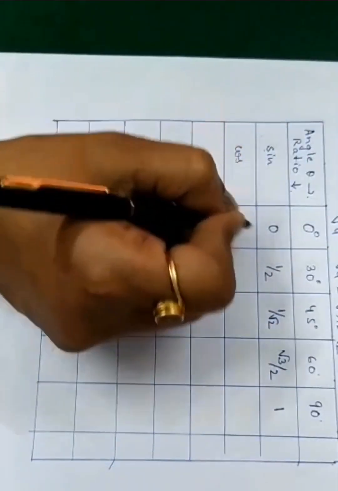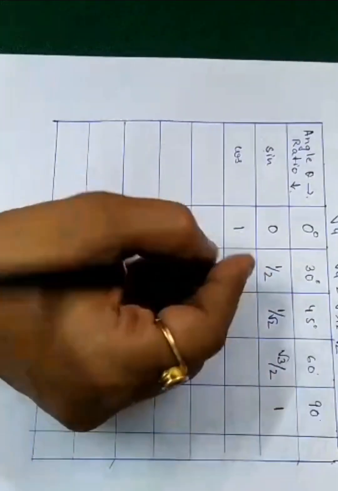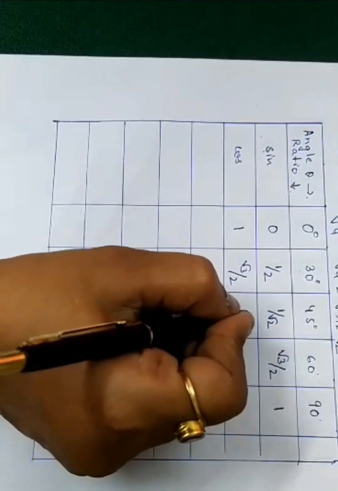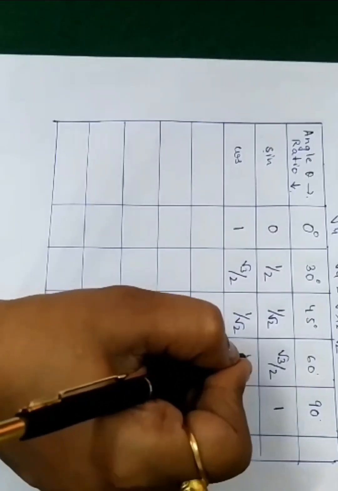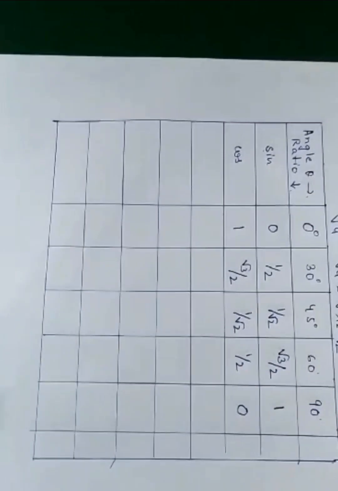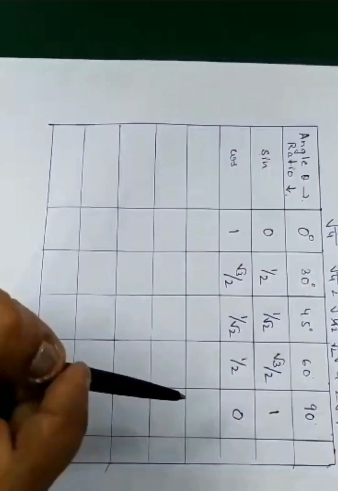So cos 0 is 1, cos 30 is root 3 by 2, cos 45 is 1 by root 2, cos 60 is half, and cos 90 is 0. So you only have to write these values in the reverse order.